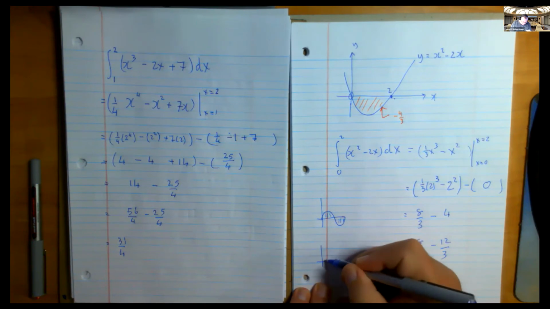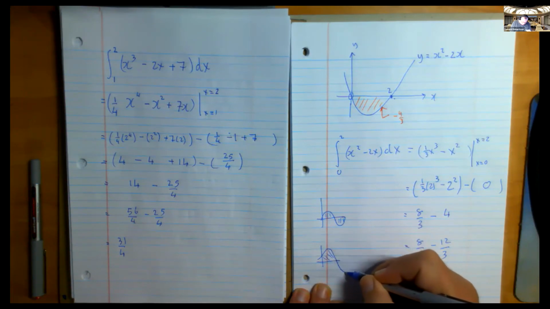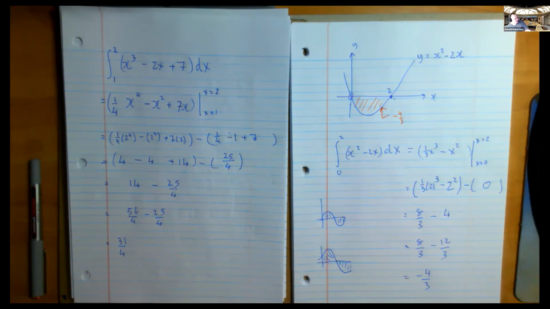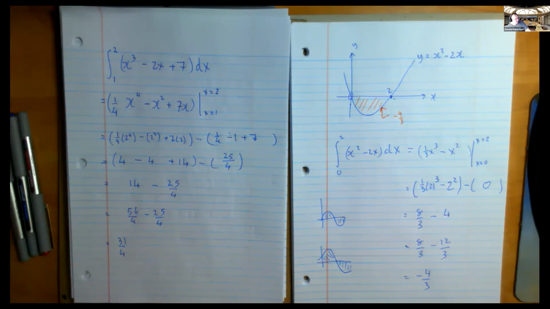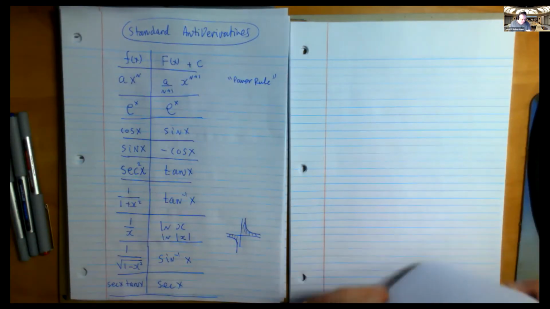You could even get it, I can't draw very well, but can you imagine you had a function where all of this bit here matched all of this? So it's not that unusual that you will end up with a 0, and that's okay. And you could end up with negative 4/3, and that's okay. So just trust the math, right? As long as you're doing the math right, the answer will be correct. As long as you're keeping that in your mind.